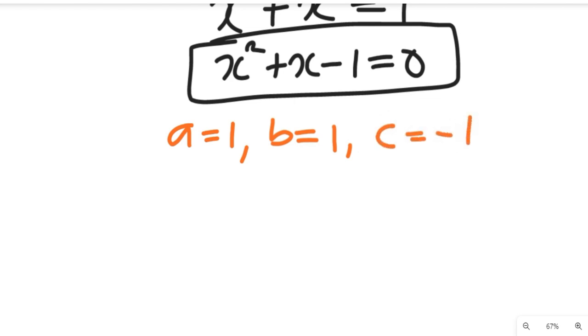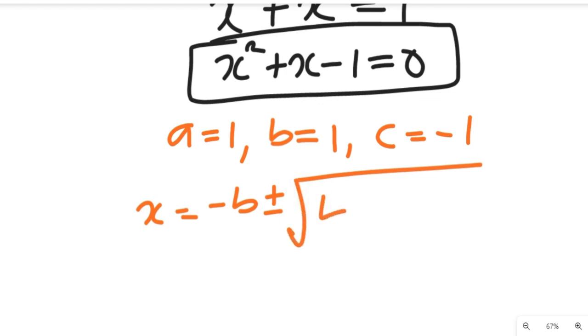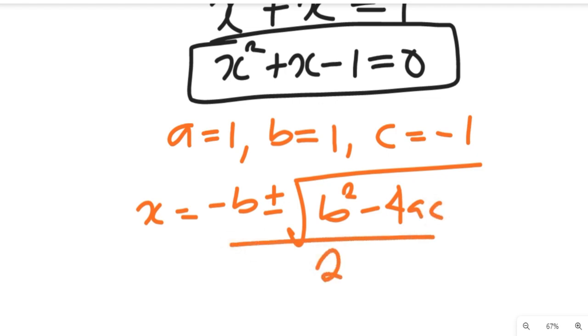So using the quadratic formula, we'll have our x to be equal to negative b plus or minus square root of b squared minus 4ac divided by 2a.